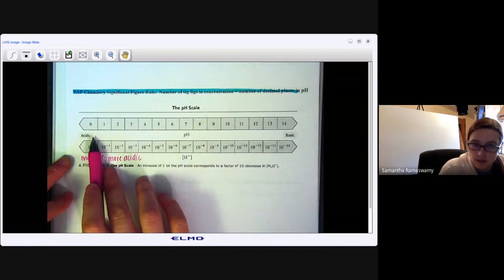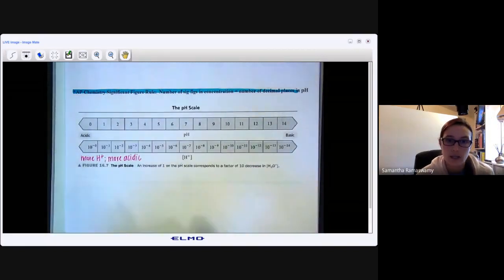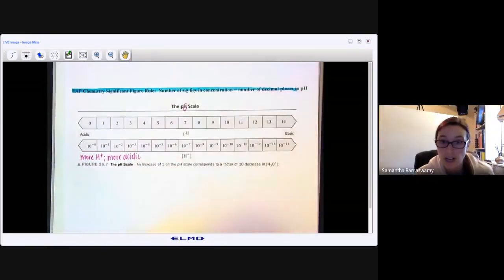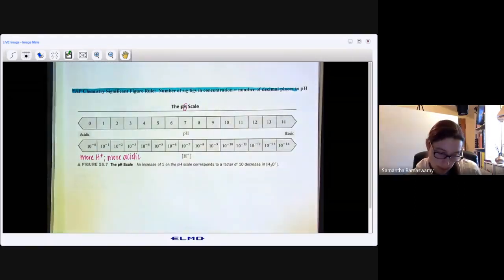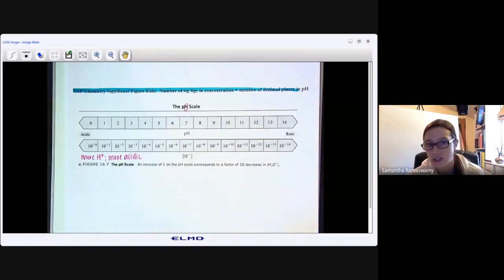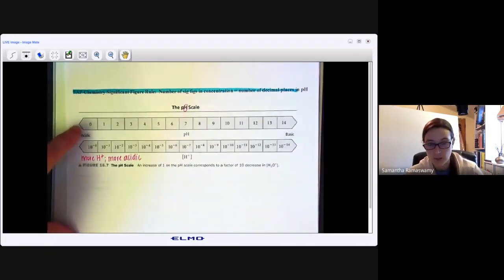The less H plus, the more basic, because pH is the negative log of H plus. So you want to keep little things like this in mind. The more H plus we have, the more acidic something is. So if a question is asking, what has the highest concentration of H plus ions? Well, the highest concentration of H plus ions is the one that has the lowest pH.